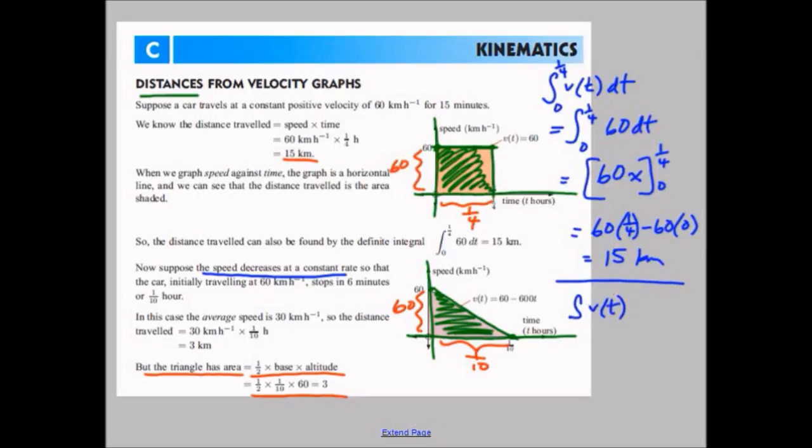It's the integral of the velocity function from 0 to 1/10. This time we need to know what the velocity function is. In other words, we need to know the equation of this line. It's a straight line, so y equals mx plus b. We need to calculate the slope.